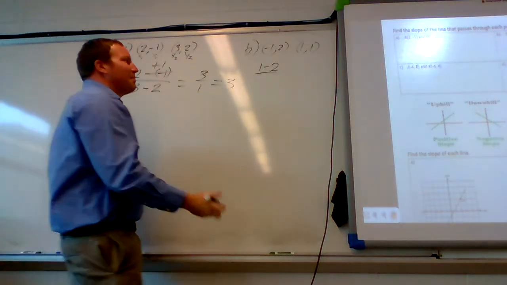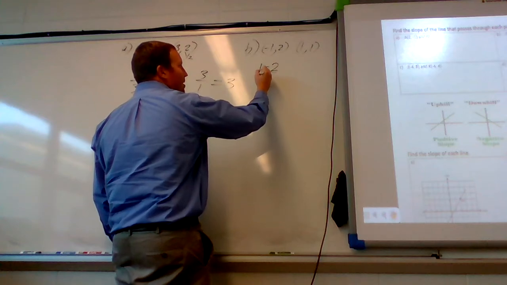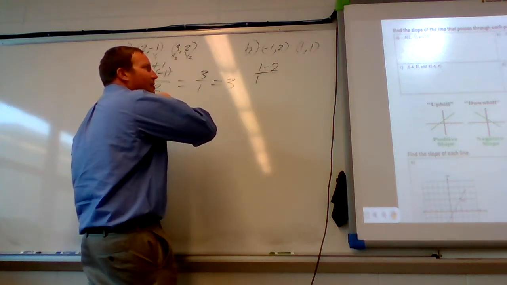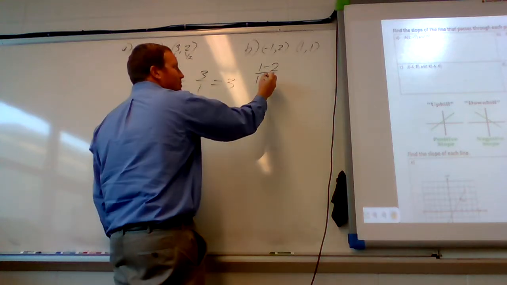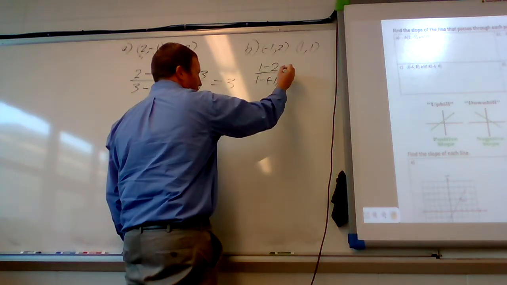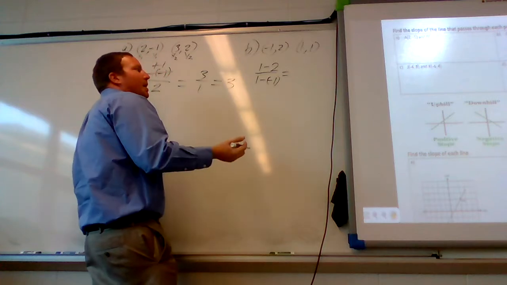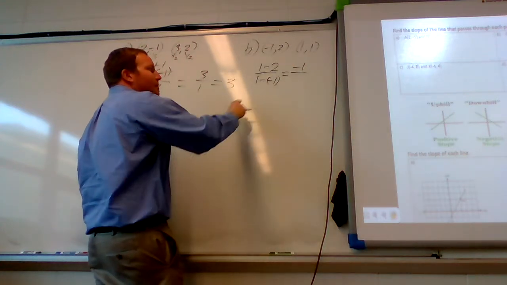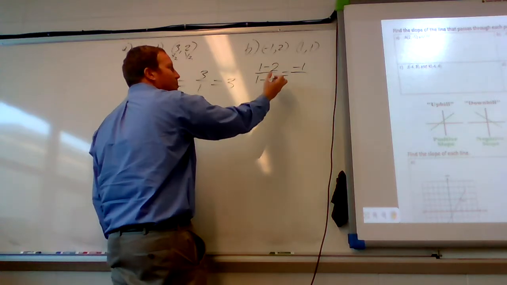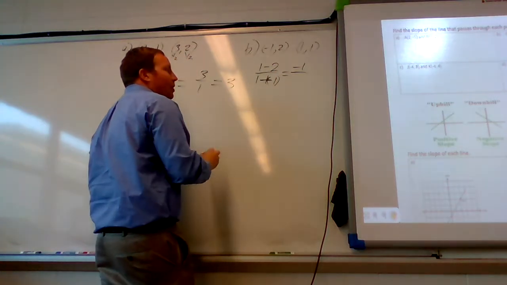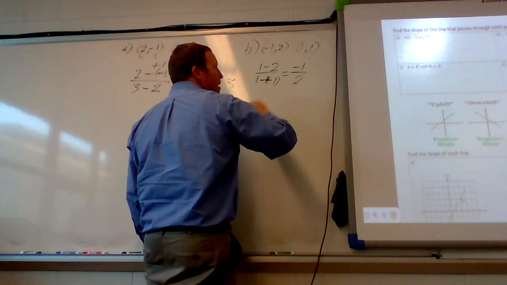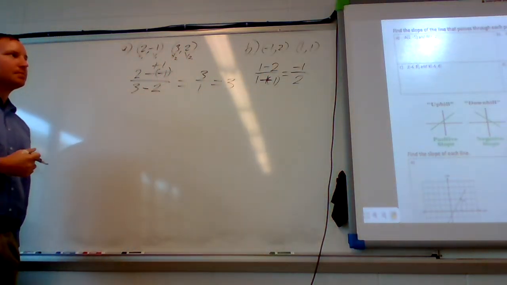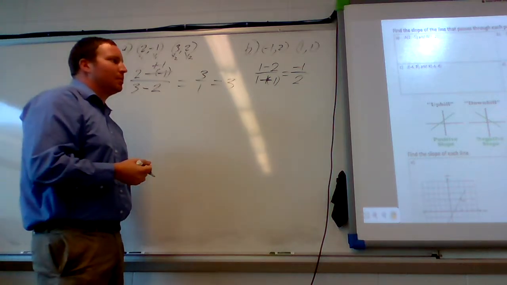And then you'll do x2 minus x1, so 1 minus negative 1. So 1 minus 2 is negative 1, and 1 minus a negative, or 1 plus 1, is 2. We can't reduce that, we can't simplify it, so just negative 1/2. So that means we have a negative slope, or downhill.